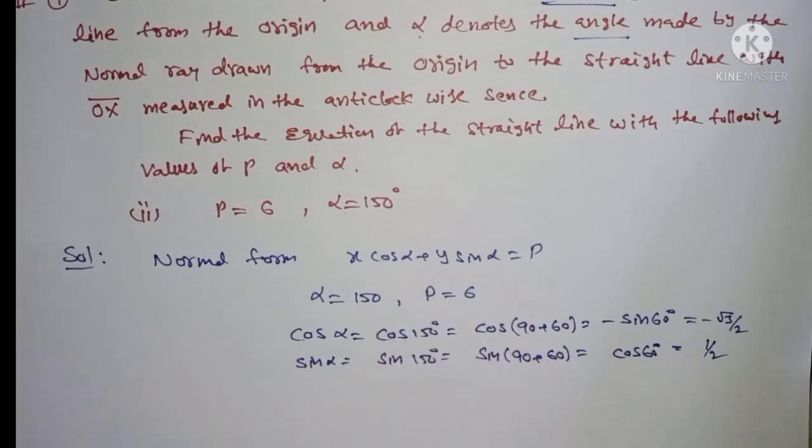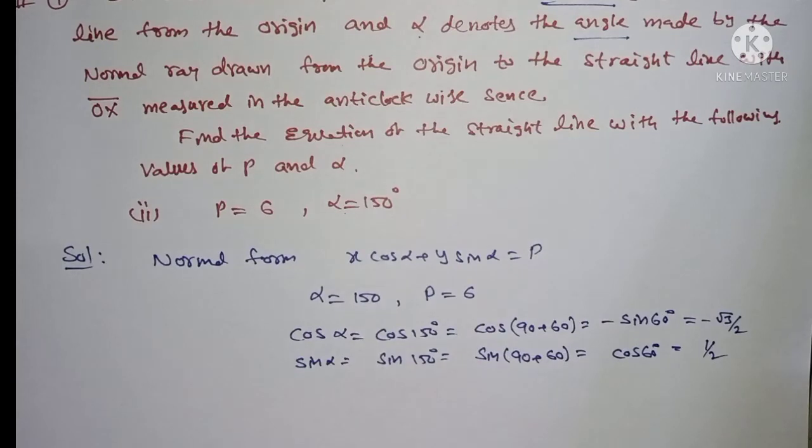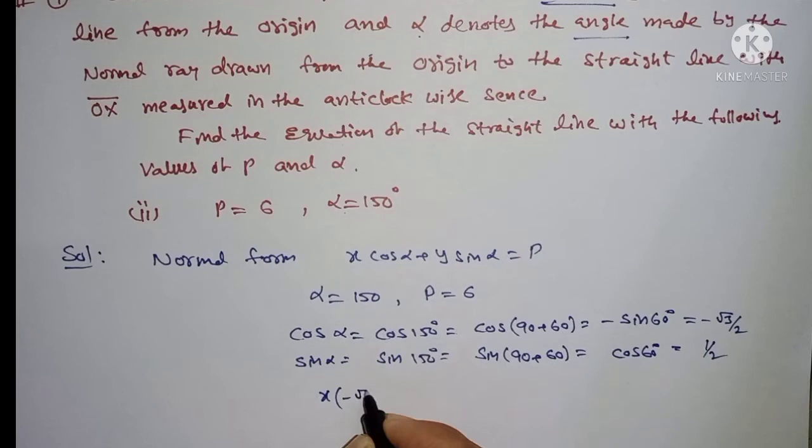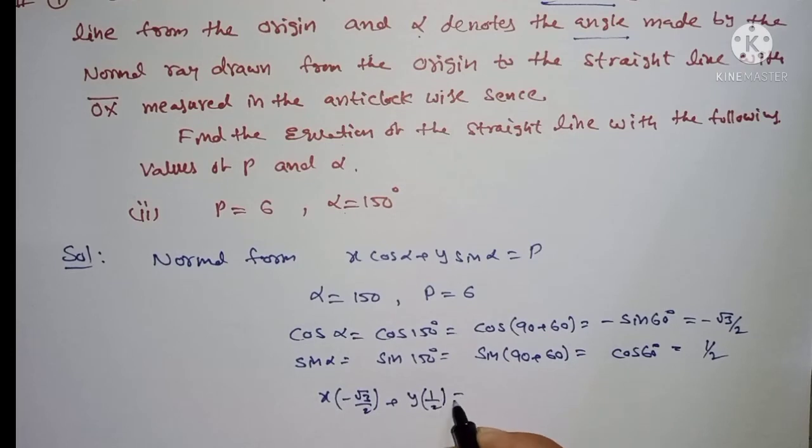Substitute these two values in the p value, cos alpha and sin alpha, you get the answer: x into cos alpha, which is minus root 3 by 2, plus y sin alpha, which is 1 by 2, is equal to p, which is nothing but 6.